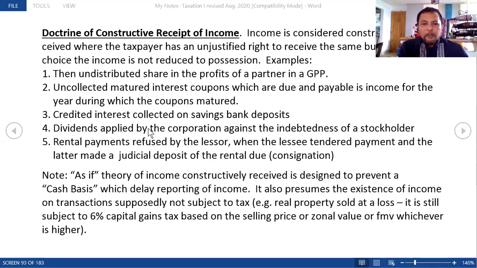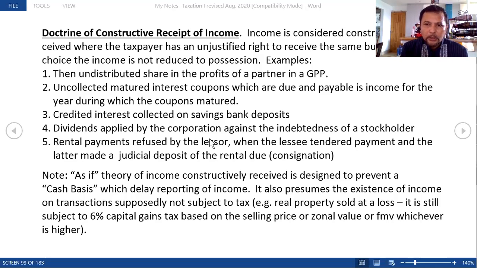Then dividends applied by the corporation against the indebtedness of a taxpayer, of a stockholder. So there's a stockholder, but he owes the corporation. So instead of paying, and since there is declaration of dividends by the corporation, the stockholder and the corporation agreed that they will compensate the indebtedness against the dividends.